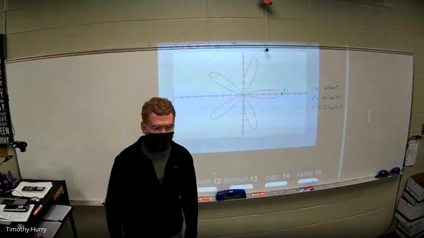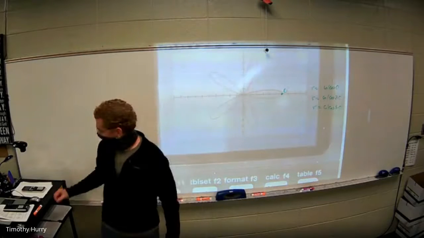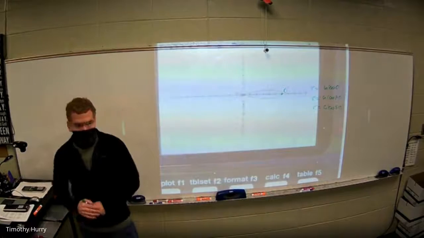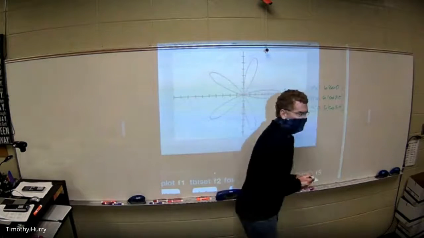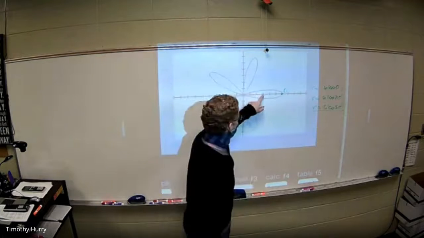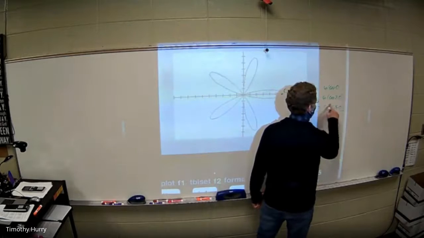Well, I like to think in degrees. Now, how many petals does it have? Well, if you know that there's a 5 right here, like we just did this graph, if you know there's a 5, 1, 2, 3, 4, actually this was a 6. Sorry. Yeah, 1, 2, 3, 4, 5, 6.